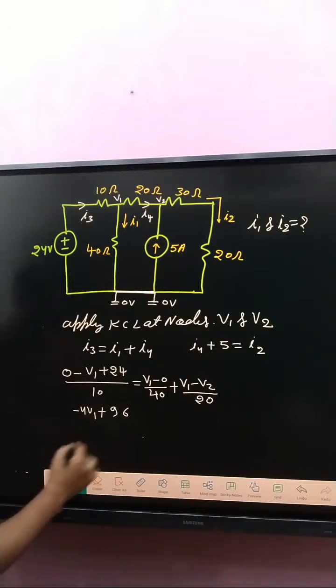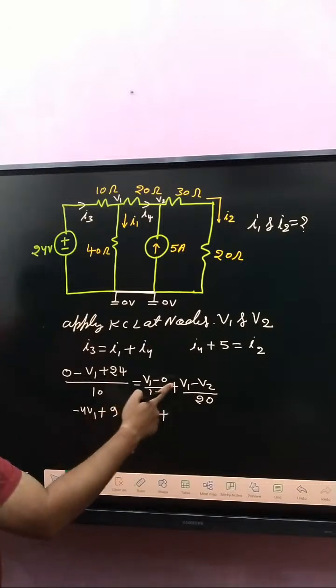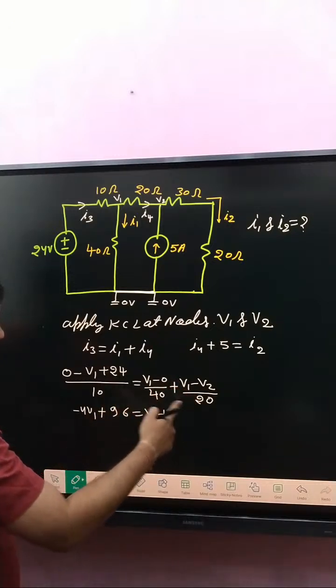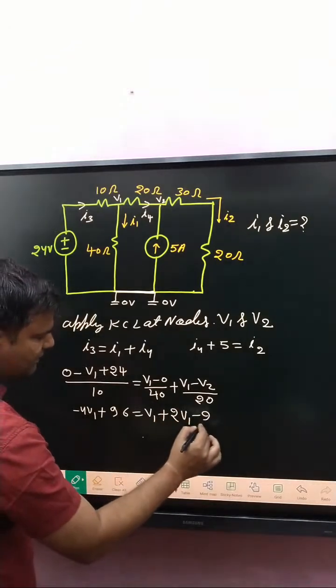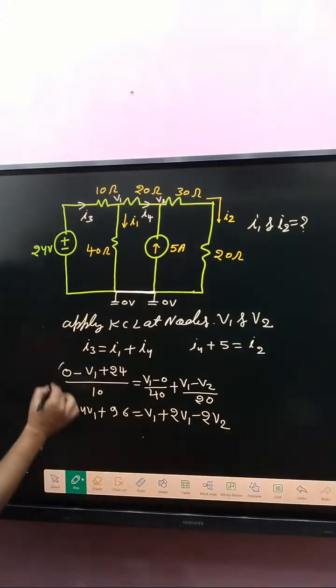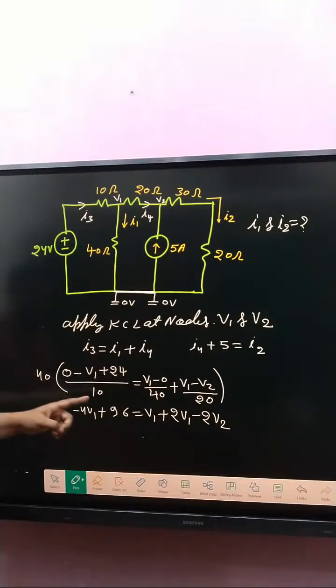And what about that value? V1. And if you multiply 40 by 20, that is 2 into V1 minus 2V2. Clear or not? If you multiply both sides by 40, so 0 by 40 by 10, that is 4. Okay, clear or not? If anyone faced any problem, then tell me, I will explain again.